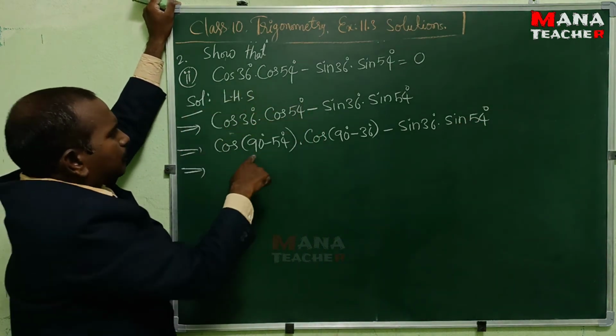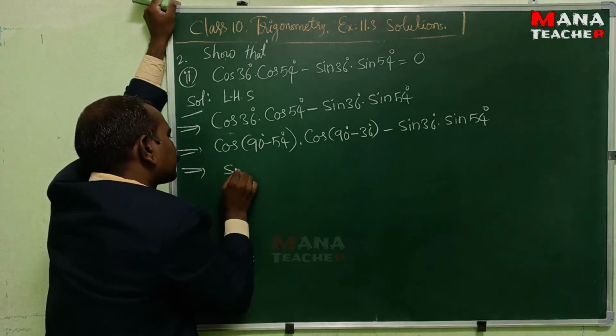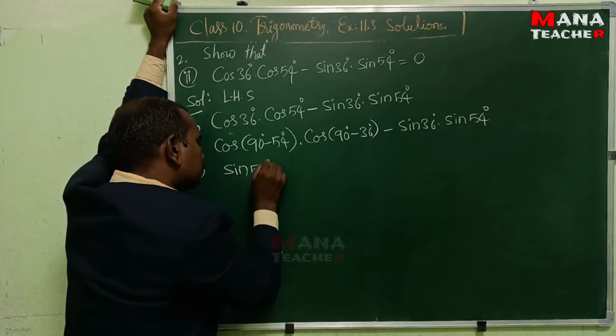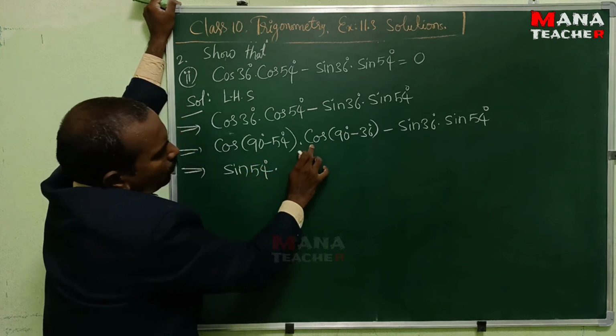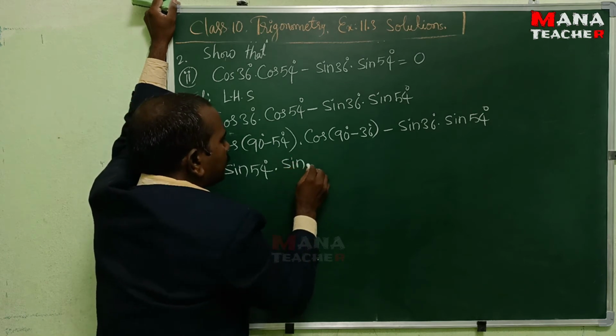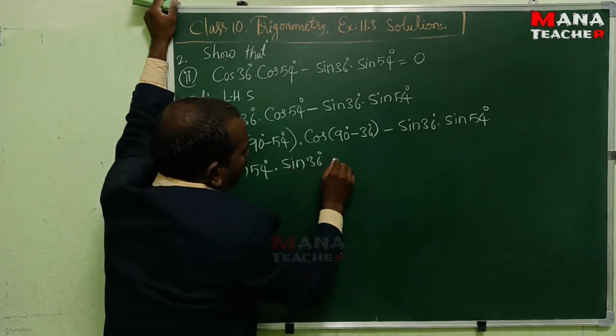Cos 90 minus theta is sin theta, that equals sin 54 degree, and cos 90 minus theta is sin theta, so sin 36 degree.